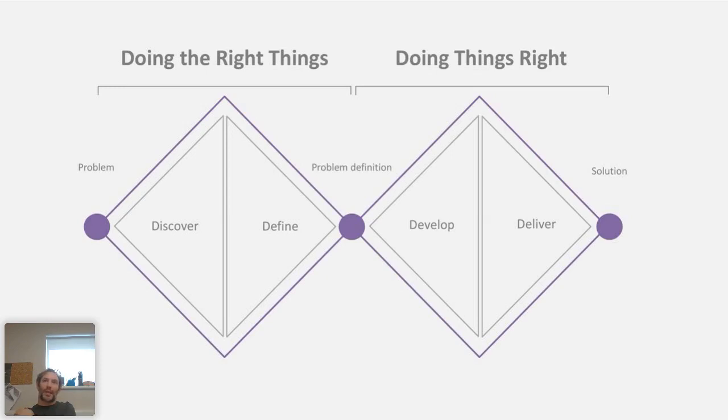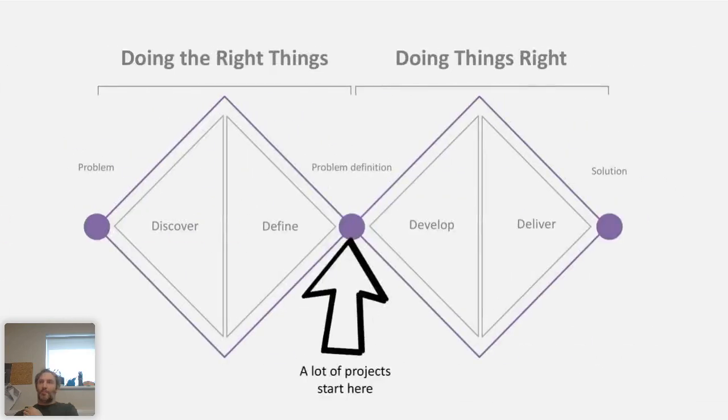So the place to start, and the focus of the day, is doing the right things before you get into doing things right. So focusing on discover and define before we get to the stage of problem definition, and then doing things right. A lot of projects you see start there. They start in the middle with the problem definition.